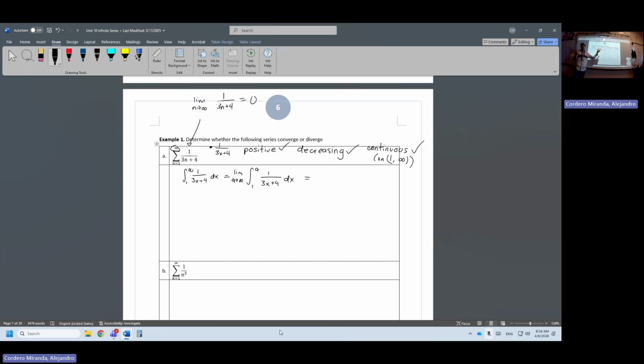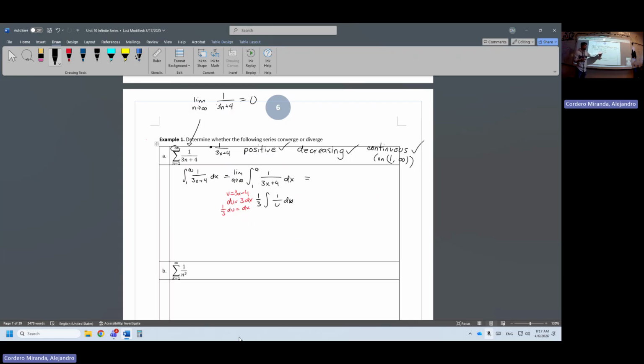Because this is linear, this is a skippable U substitution, but I've learned that most people don't like to skip it. So let me show the actual U substitution. U would be 3x plus 4, then du is 3dx. That's why I'm saying it's skippable, because if you just remember to divide by that 3, then everything is easy, and that integral turns into this integral, or du times 1/3.